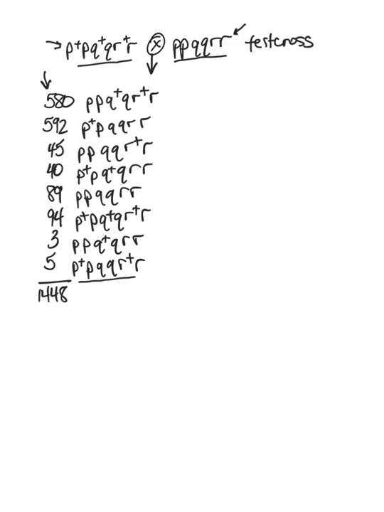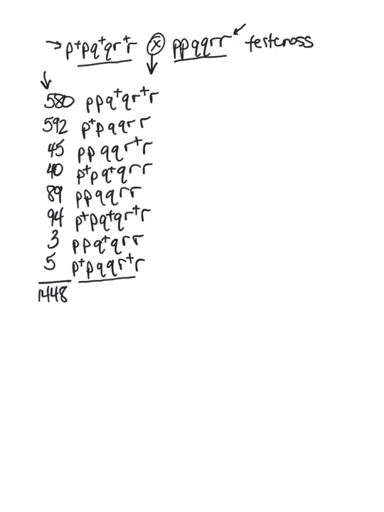Okay, so the first thing I'm going to do is erase the genetic contribution from the test cross parent. So from each genotype in these offspring, I'm going to take out 1 p, 1 q, and 1 r allele. That's going to leave me with just the genetic contribution from the heterozygous parent.